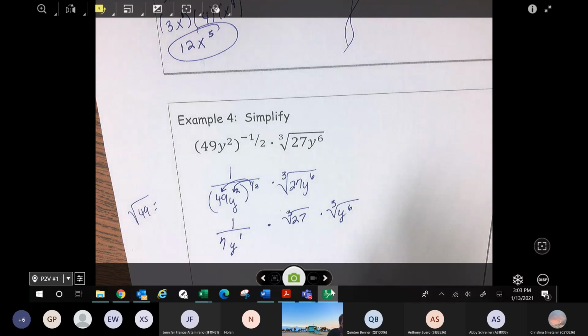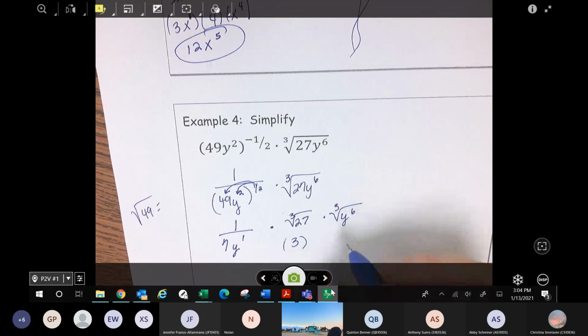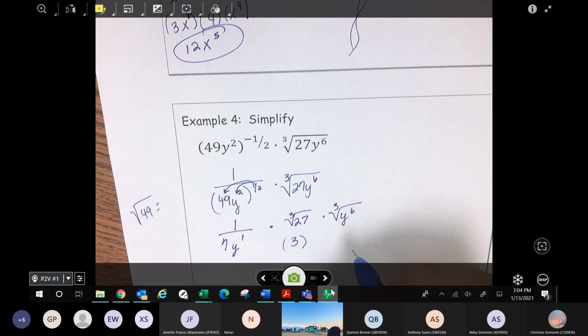What times itself 3 times gives you 27? 3. 3. Good. So that's going to be 3. And then when you do this, it's going to translate as y. If you put this in rational exponent form, 6 to the power 3 is your root. That's the 6/3 power.